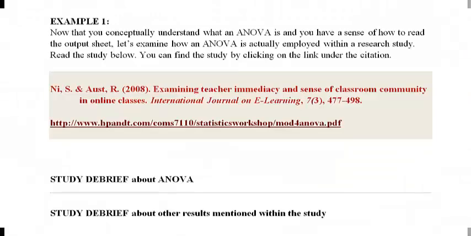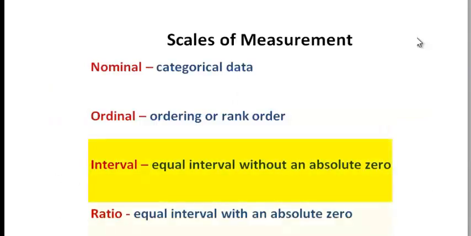But for now, to give you a sense of conceptually why they're using one analysis over another, it's really because of the type of variables that they're using and the number of groups. With ANOVA, you're focused more on interval and ratio data rather than nominal data.